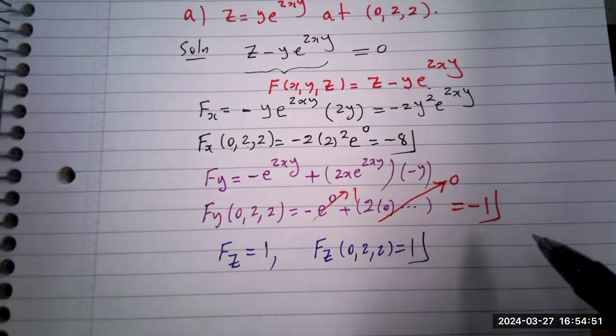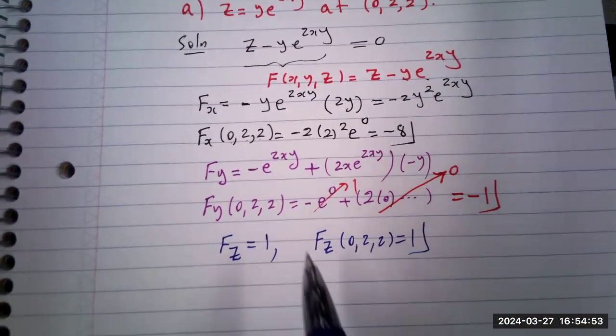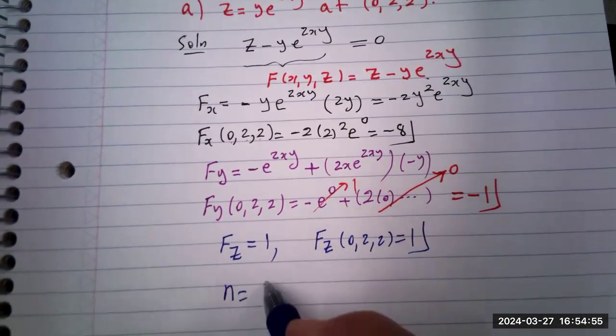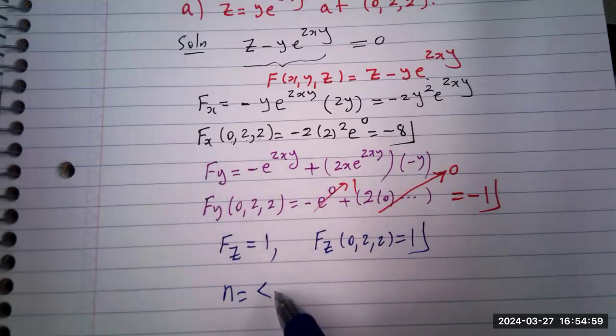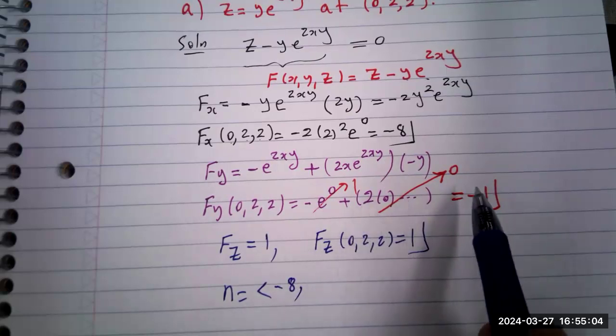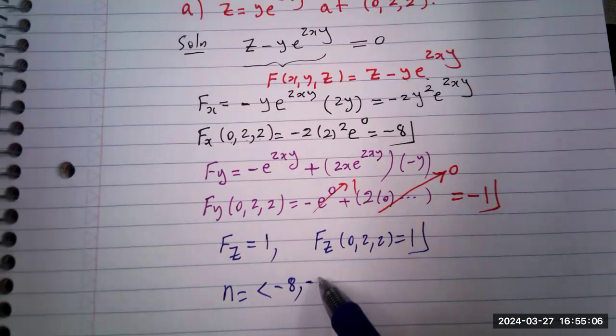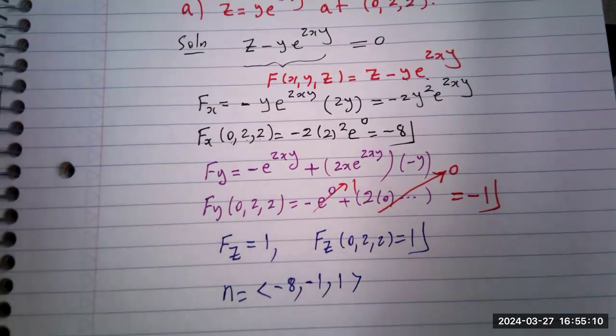So there you are. Your normal vector is going to be f sub x, which is negative 8, f sub y is negative 1, and f sub z is 1. So that would give you your normal vector.